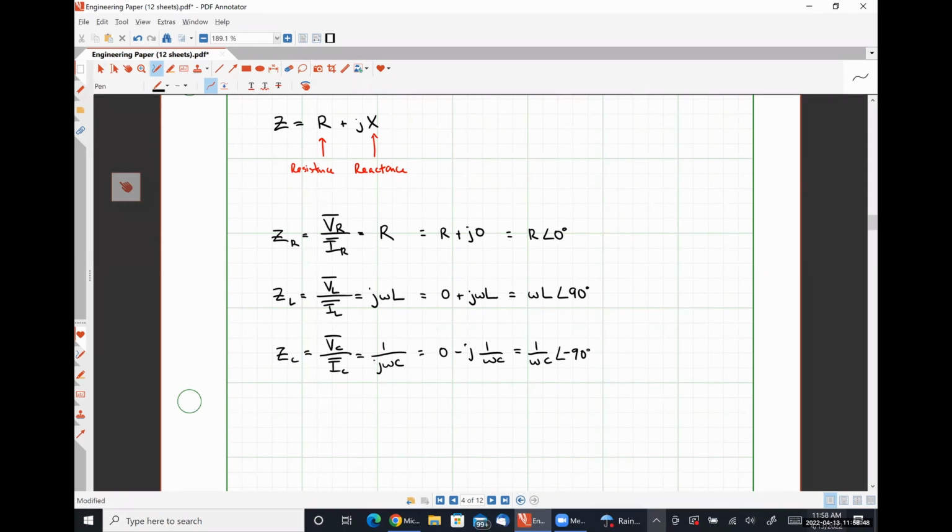So a capacitor always exhibits negative reactance.